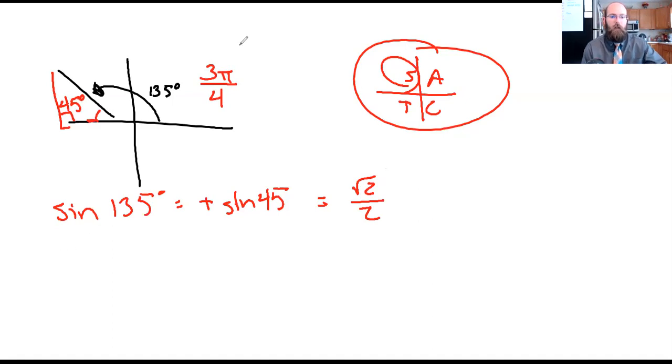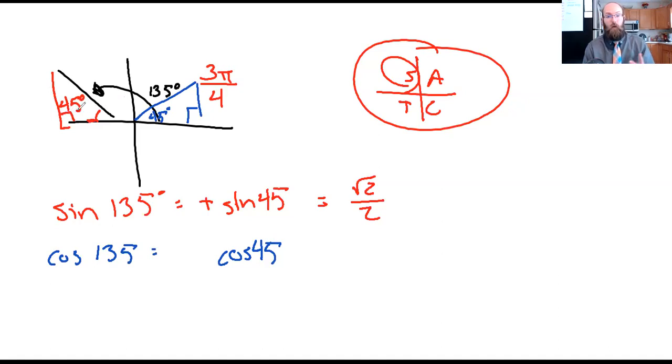All right, so now let's do cosine. So cosine 135 is, again, the same triangle as cosine 45, right? We've talked about this before. If it's over here and it's a 45-degree angle, it's the exact same dimensions as this other triangle over here.